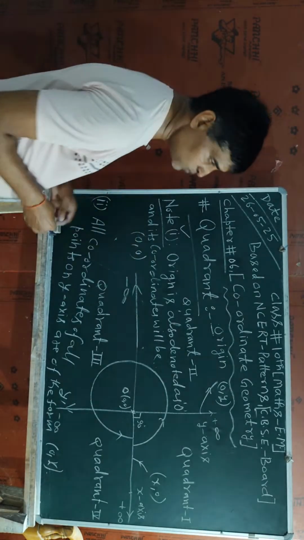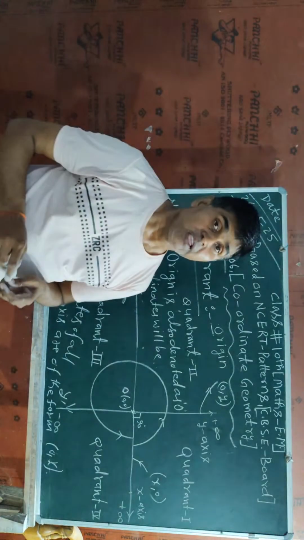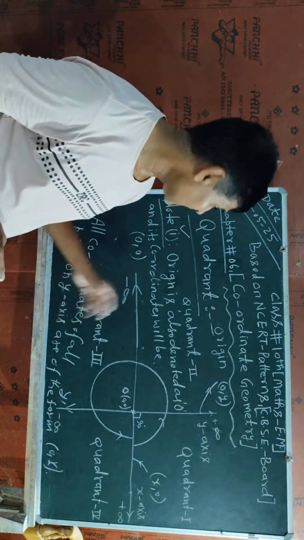So these are the three points in the information about the Cartesian plane and quadrants.